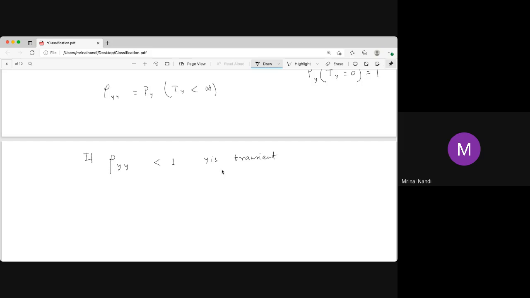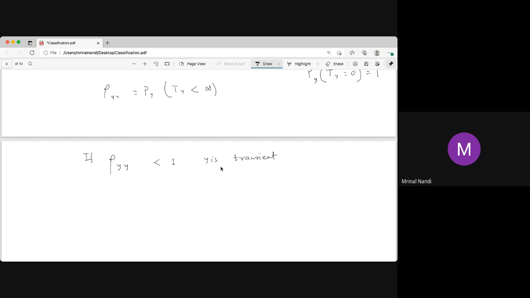That is the question. If you reach y with some probability after 1 step, what is the meaning of that? If you say with probability half you reach y again after 1 step, starting from y, that means after 2 steps you reach y with probability at least 1/4. That means it should be recurring. That will come later in the theorems.